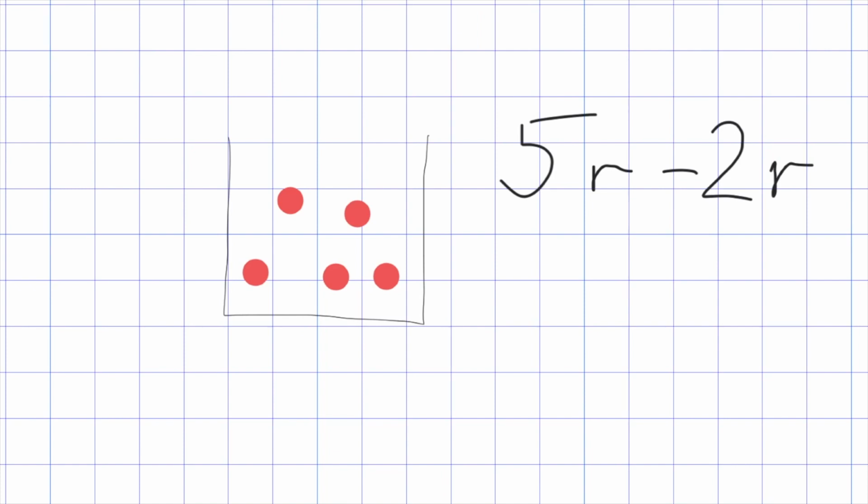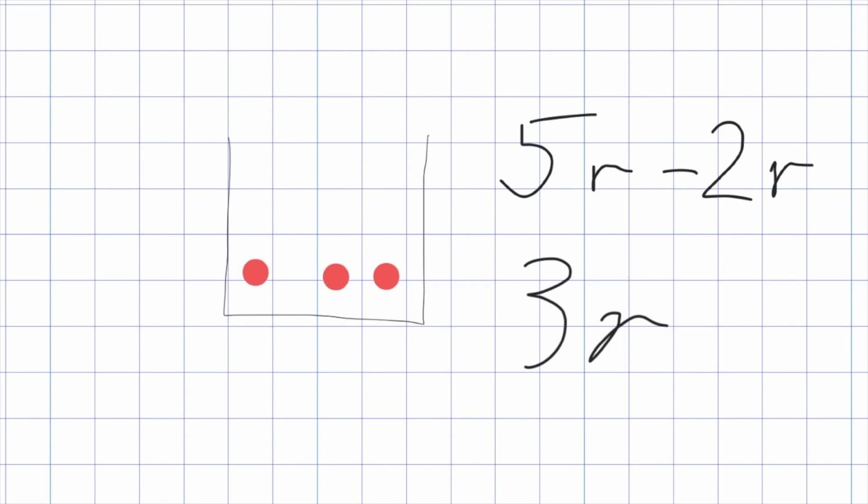They can be different coefficients, but this one is negative 2R because we've got the 2 there, the negative there, and we have a positive 5R. Well, what is 5R take 2R? If in our bucket we get rid of 1, 2, we're left with 3. And all of a sudden, we have 5R take 2R equals 3R.